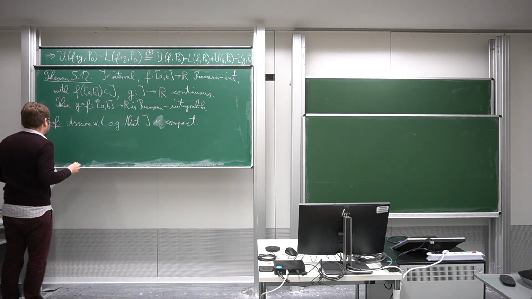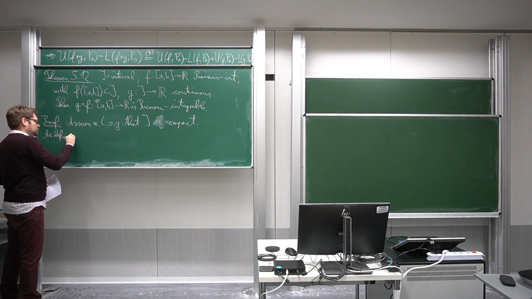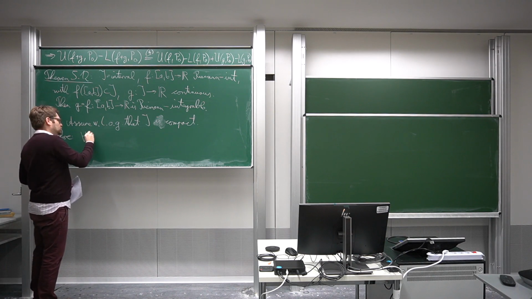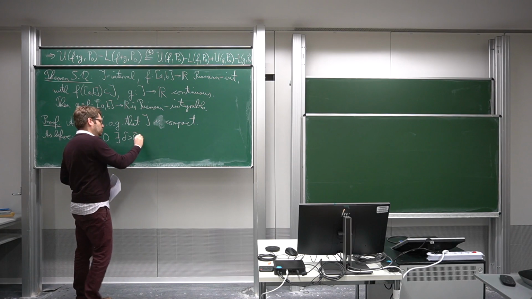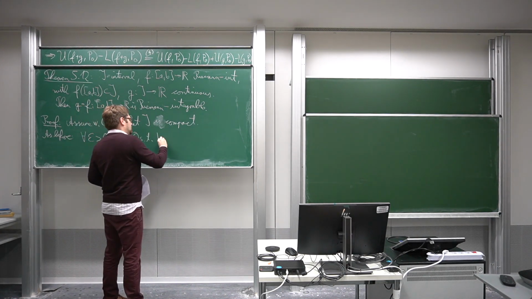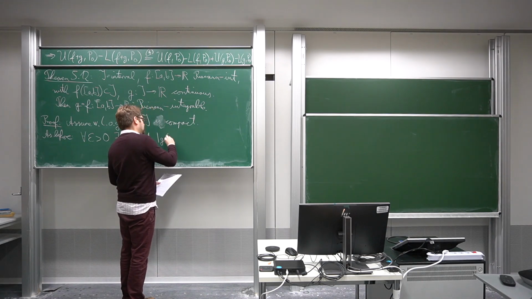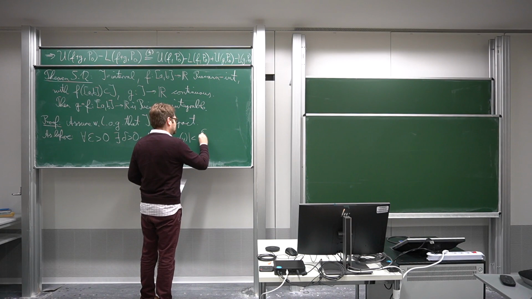We can use this uniform continuity of g and show that for each epsilon bigger than 0, there exists some delta bigger than 0 such that |g(x) − g(y)| is smaller than, and this time we want, epsilon divided by 2(b − a).